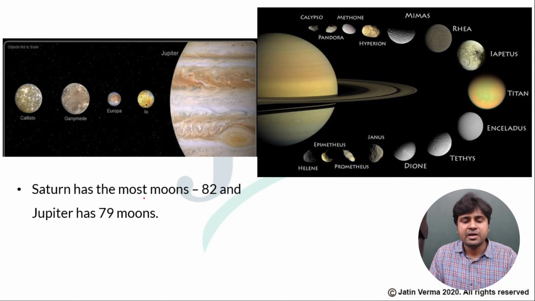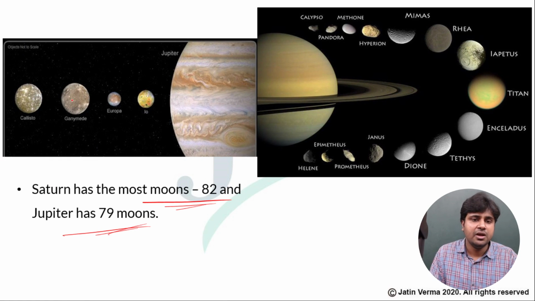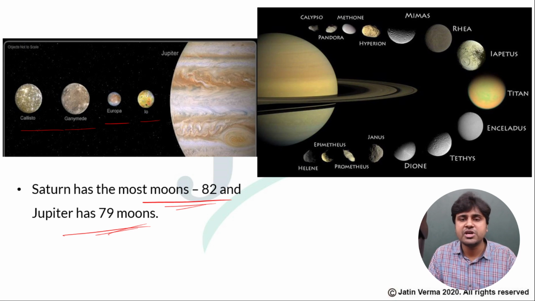Now, Saturn has the most moons, 82, and Jupiter has 79 moons. So just look at the moons of Jupiter: Io, Europa, Ganymede, and Callisto. These are the four moons of Jupiter which are very prominent. These are actually visible from small telescopes also.